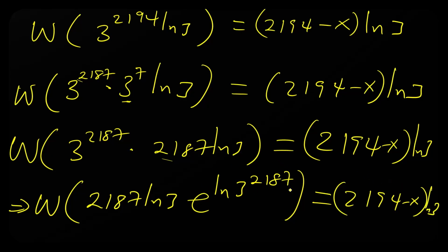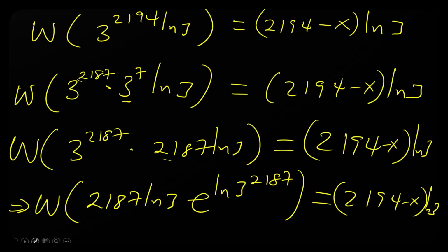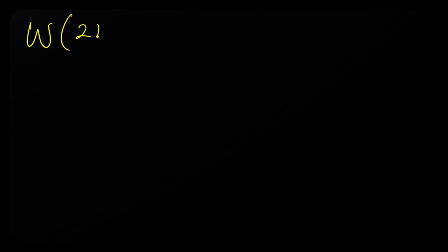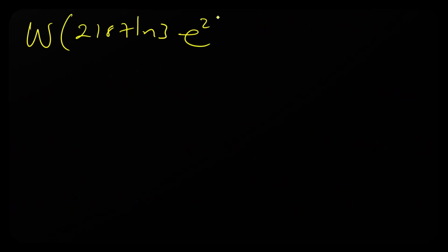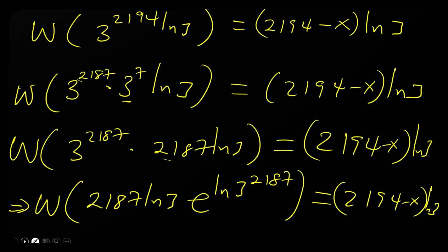So this one is a power rule which will come here. So we have the W function of 2187 ln of 3 times e raised to 2187 ln of 3. Perfect. Now look at this and that. They are equal. Perfect. That is how the manipulation is done.